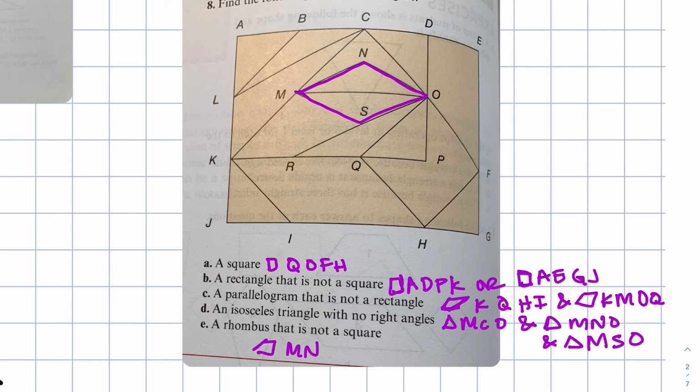So that's M, N, O, S. For these labelings, it doesn't matter what point you start or end on. And is that the only one? Great. It looks like this one might be up for interpretation. It's a little hard to tell. I think those are equal length sides though, so I think that one counts. And let's say K, M, O, Q. I think that one looks like it.